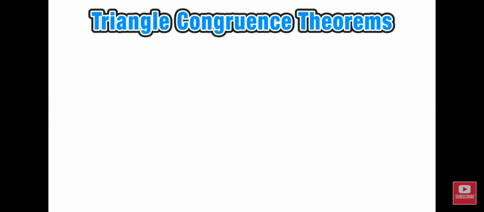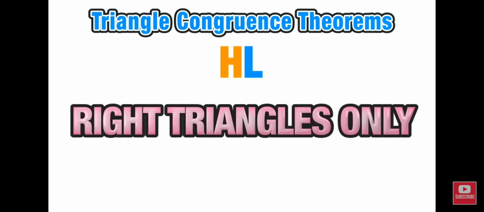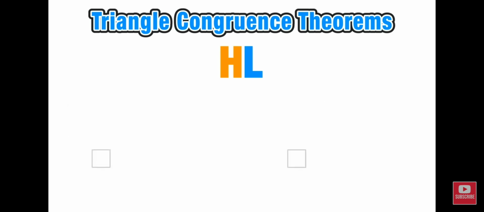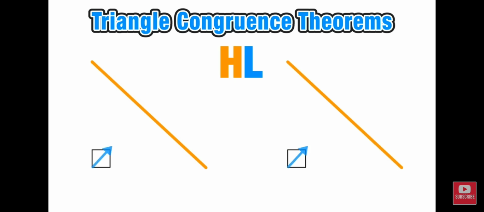Now our final congruence theorem is kind of a special case. It's called hypotenuse leg, and it applies to right triangles only. So let's start out with the key feature of any right triangle, and that is a right angle. Now we know that the hypotenuse of a right triangle is its longest side and is always opposite the right angle.